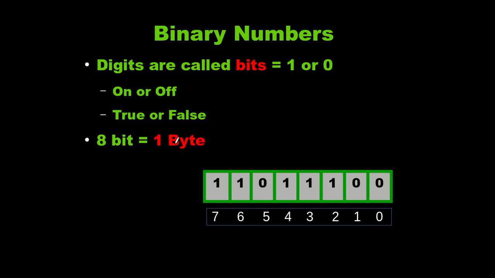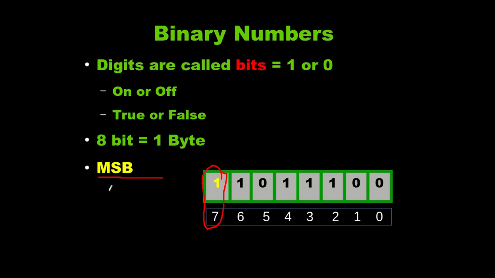8 bits is 1 byte. So 16 bits is 2 bytes. 3 bytes is 24 bits. And here, the most significant bit is the bit that has the highest value, and it's the last bit on the left side. That's the bit that has the most significant value. They call it the most significant bit.